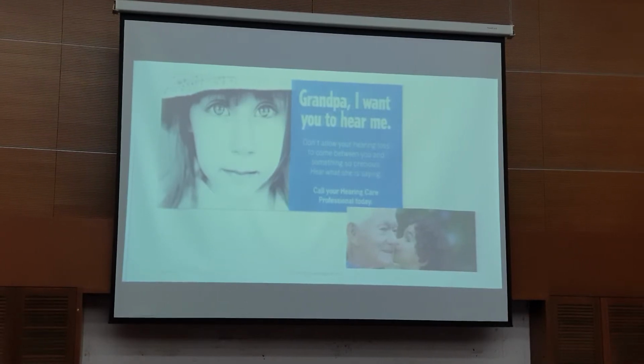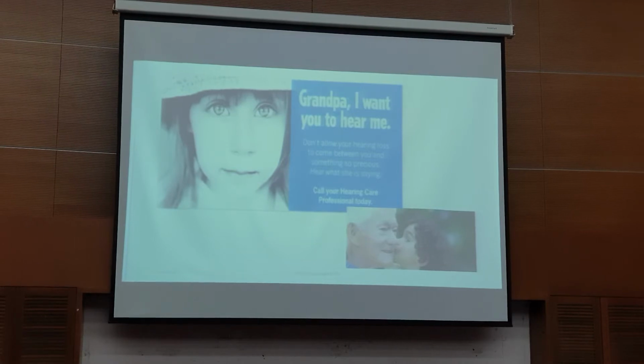So when we fit adults, our purpose is really to rehabilitate them, basically to reconnect them to the hearing world, right? They're probably missing people talking, especially in noisy environments like in restaurants or when going to a feast where people are chatting. So they're sort of isolated.